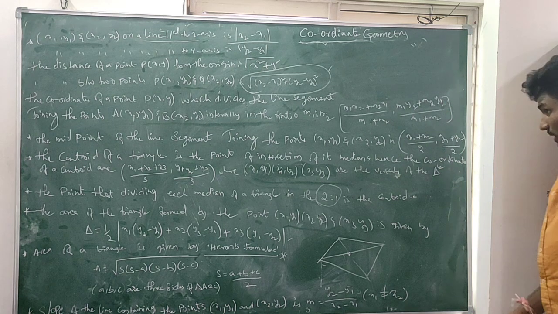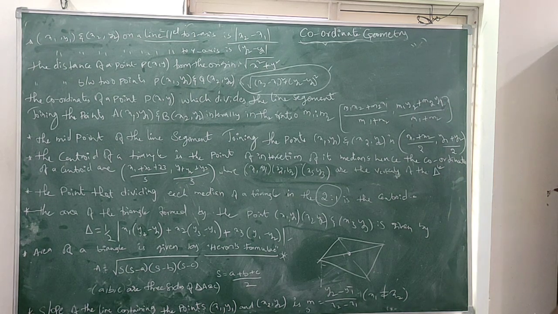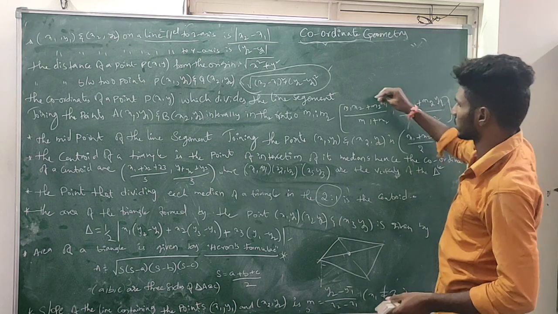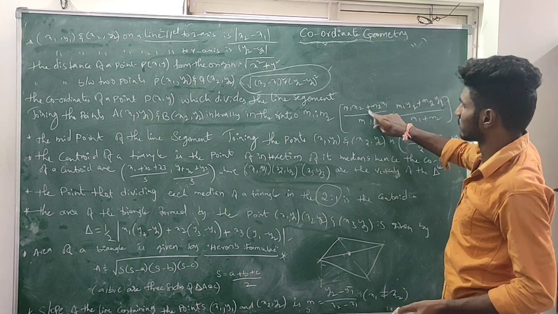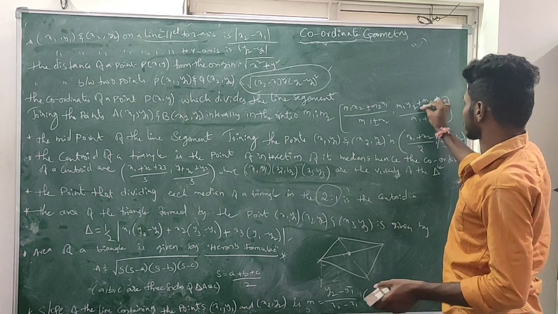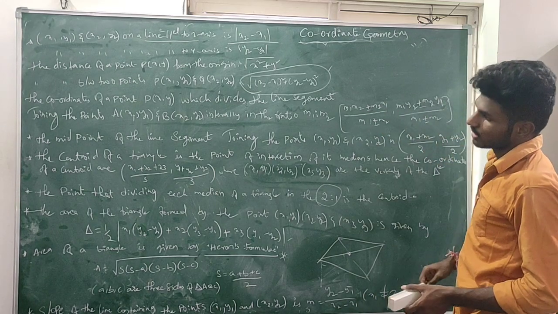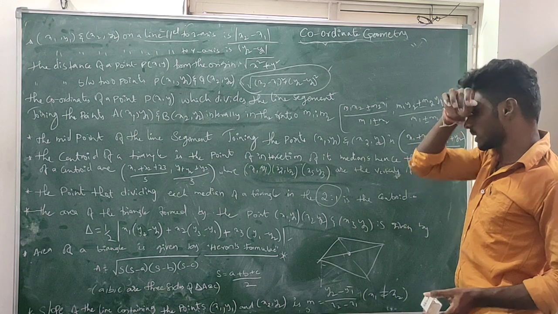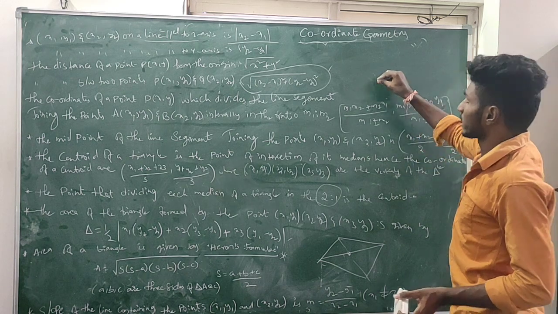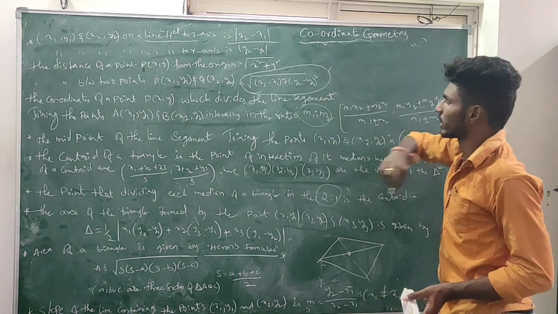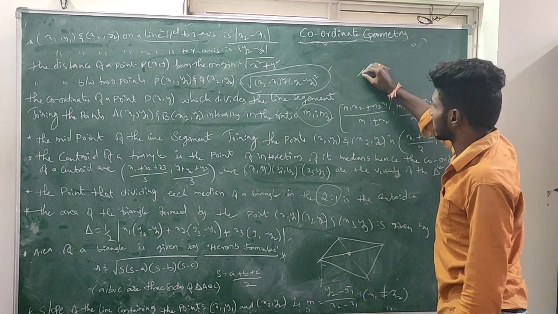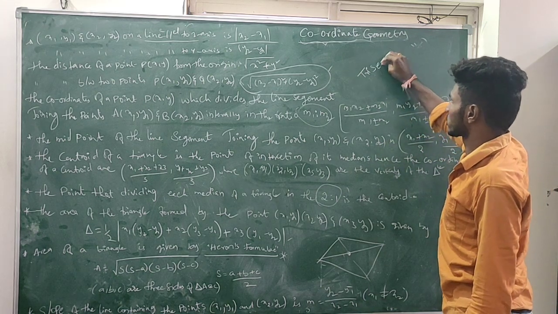Now if it is given in the question that it is dividing externally, then the ratio will be the same, m1 is to m2, but here the symbols change. Plus becomes minus in all the cases. That's all. And sometimes in the question the m1 and m2 ratio will not be given, and it generally says trisection.